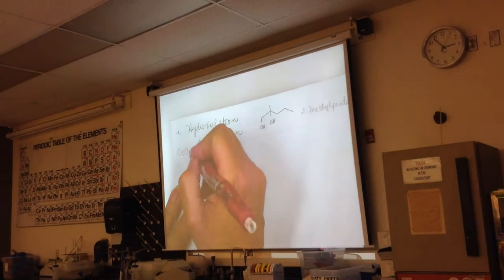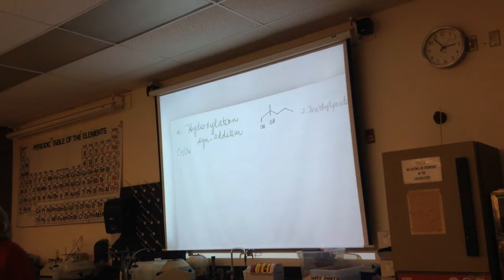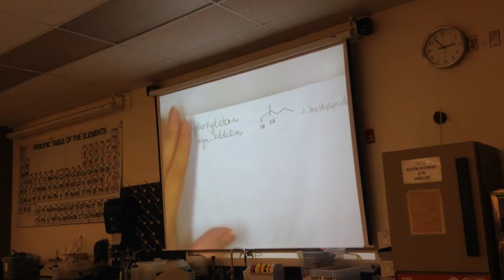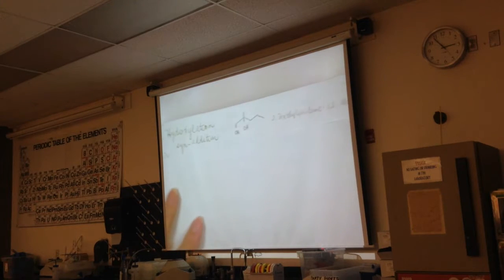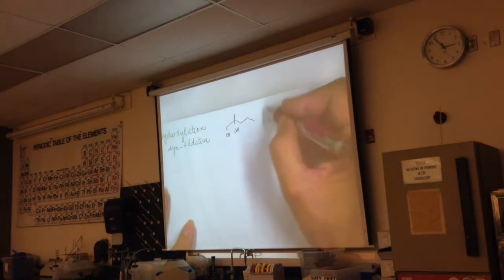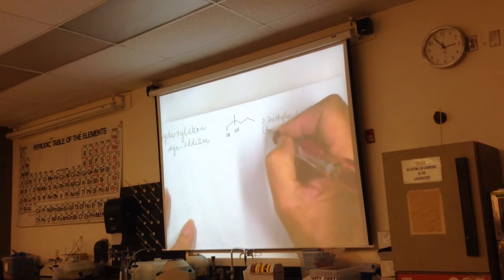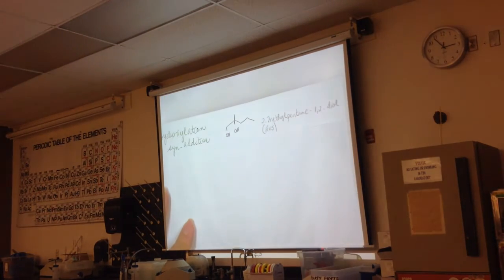So osmium tetroxide, OsO4, does a syn addition of a diol. And you end up with that, and of course, you can say the enantiomer too, since carbon number 2 is chiral, so that and the enantiomer. Or we can go the easy way out and call it R and S. Much easier than writing the whole enantiomer word thing.